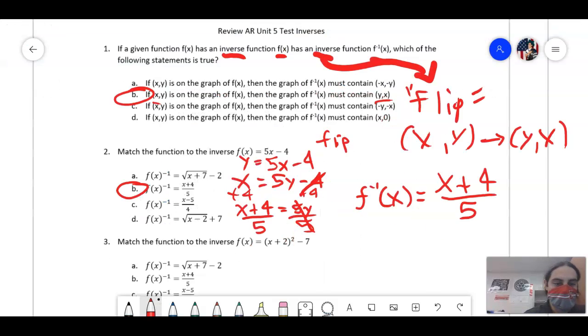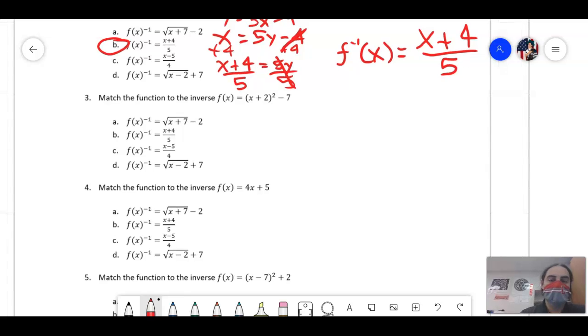All right. Next. Now we're going to solve square roots the same way we did on the quiz and the review for the quiz. Same thing. Turn this into a y. Now this looks kind of complicated, but first we're going to get rid of this constant, the loner minus 7.